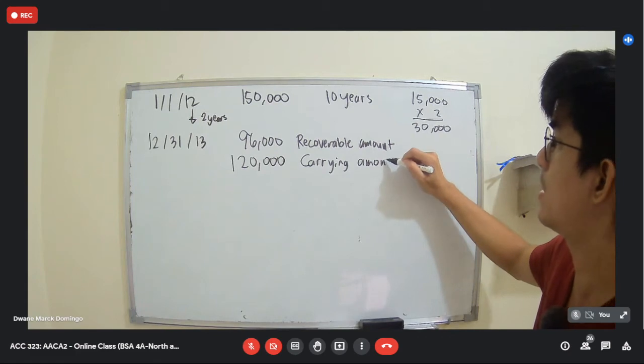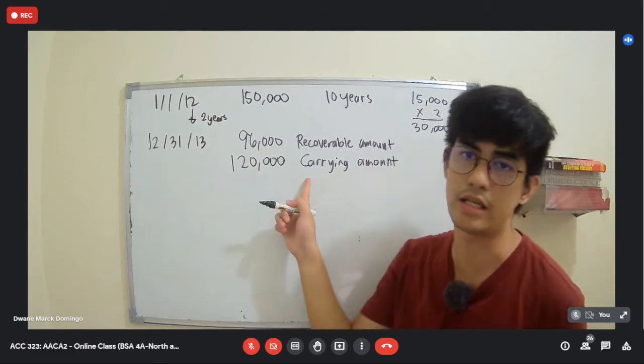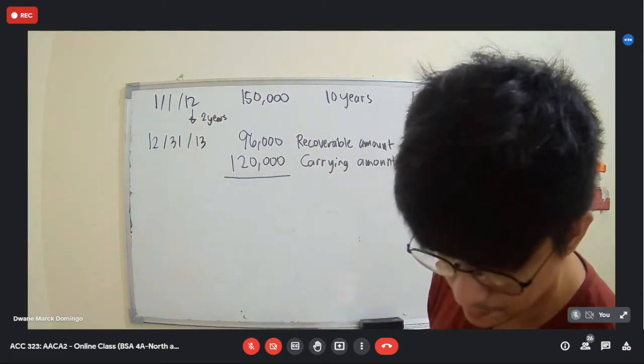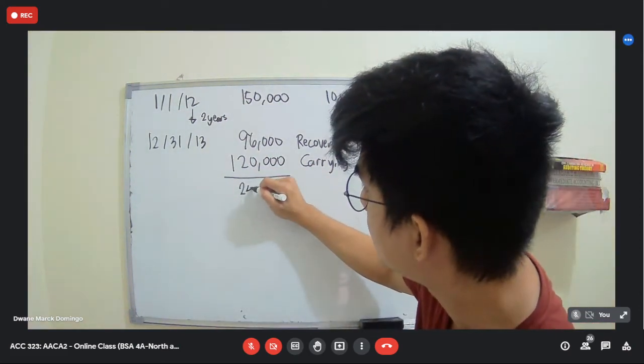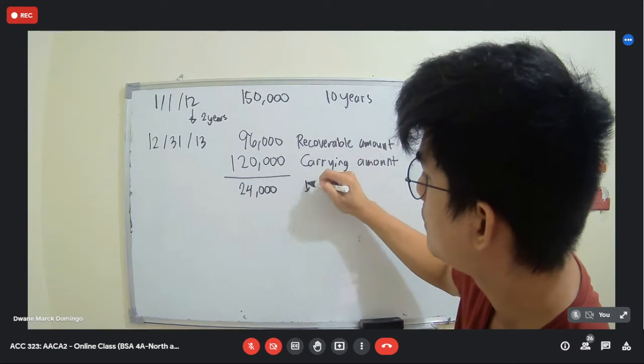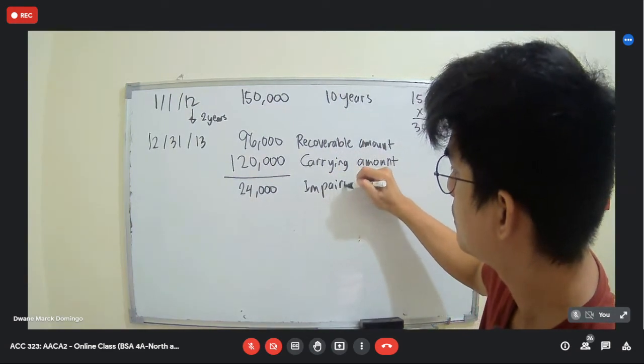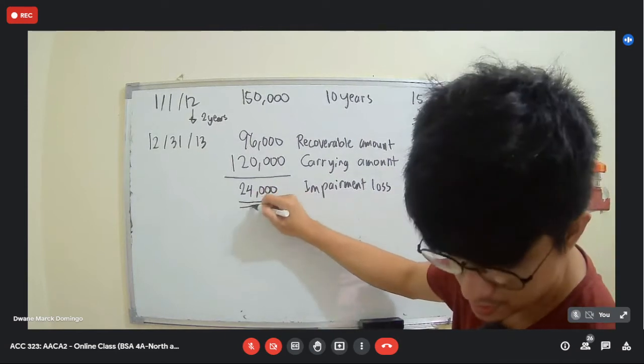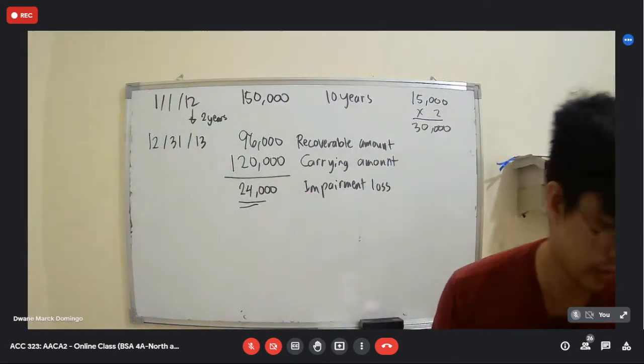So, ibig sabihin, impaired yung asset kasi nag-exceed sa carrying amount. So, meron tayong impairment loss na 24,000. So, yun yung sagot sa number, yung unang tanong, number 8.